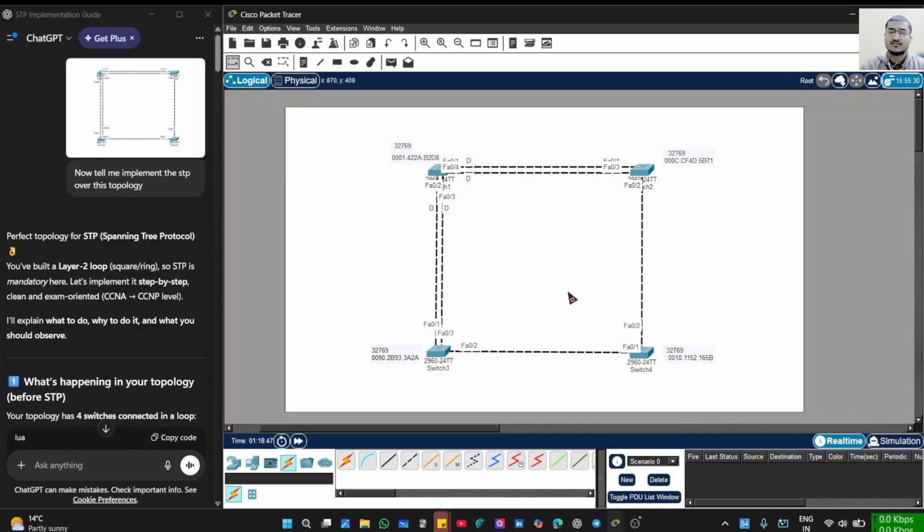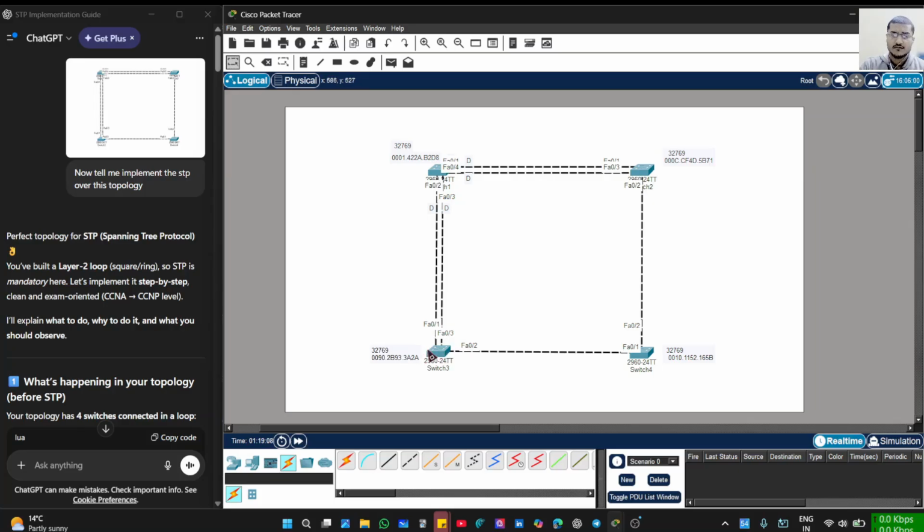Once the election is done, the switch with the lowest bridge ID makes itself the root bridge, and all other switches act as non-root bridges.